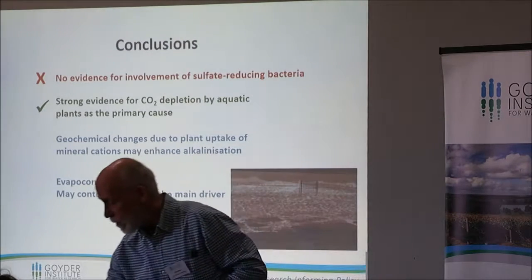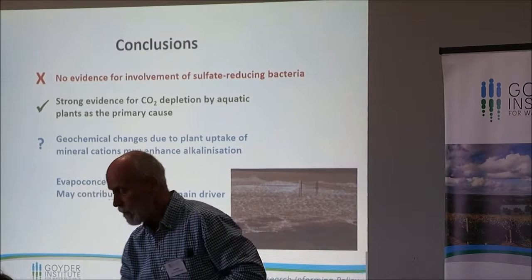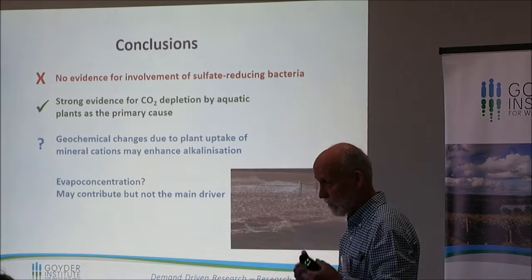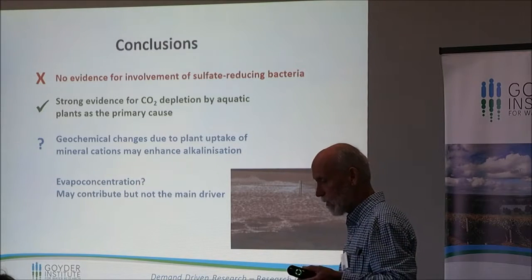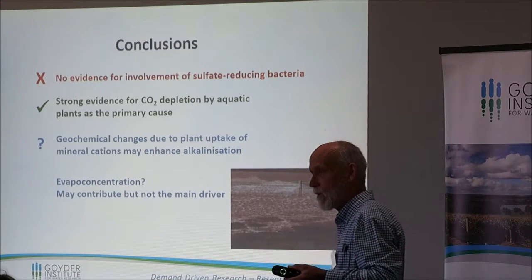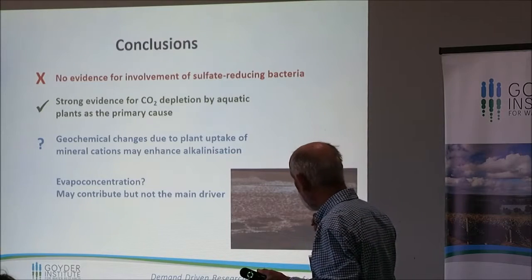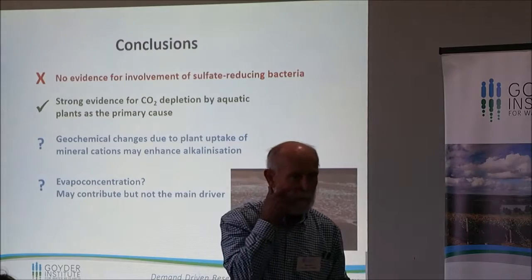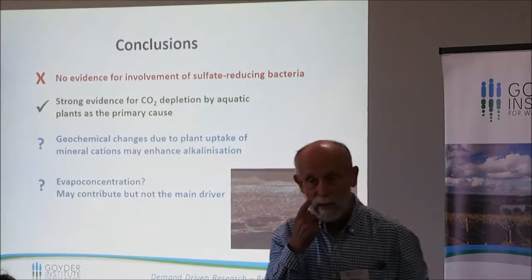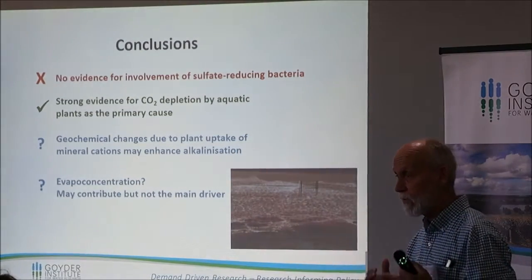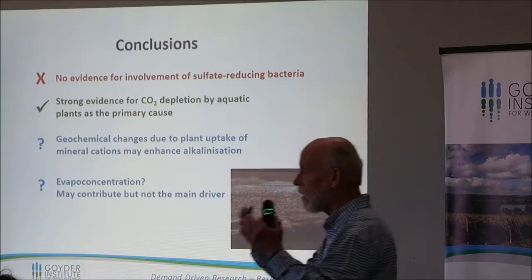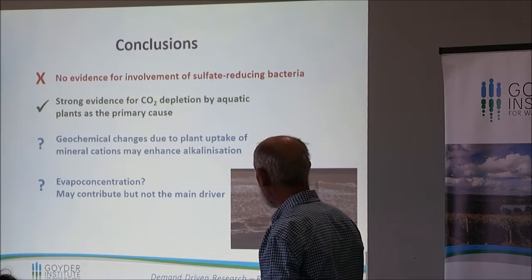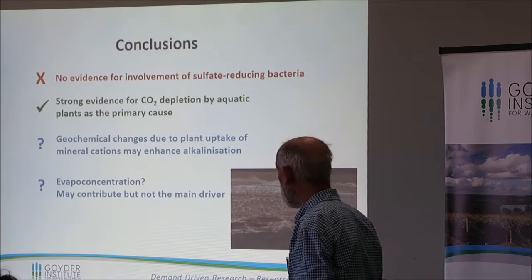There may be geochemical changes due to the uptake of mineral cations, and the modelling of this, which I'm not going to show you because I'm not a geochemist and I find it hard to defend, is likely to be involved in this. Evapotranspiration concentration is a more difficult thing to investigate because there are so many things happening at the same time. And when you throw in a high plant biomass, then the modelling becomes extremely complicated.